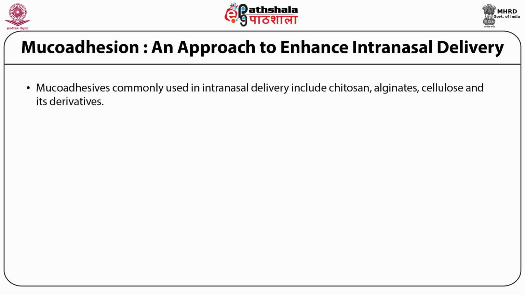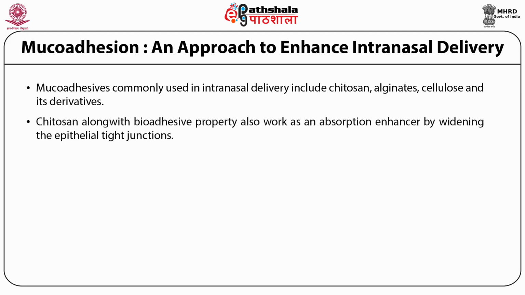The mucoadhesives which are commonly used in intranasal delivery include chitosan, alginates, cellulose, and its derivatives. Chitosan, along with bioadhesive properties, also works as an absorption enhancer by widening the epithelial tight junctions. This becomes an additional attribute of chitosan and is very commonly exploited nowadays for the delivery of drugs through the intranasal route.